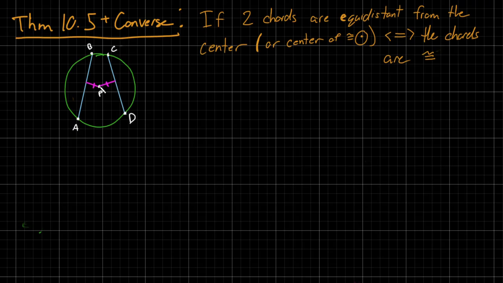These short lines that show that they're equal distance away always will make 90-degree angles. So I'm going to label where they intersect at E and F.